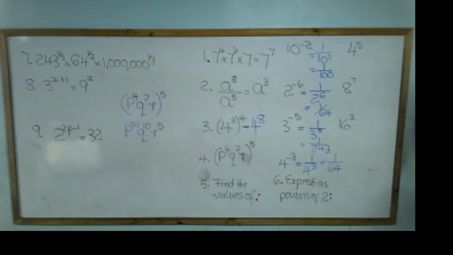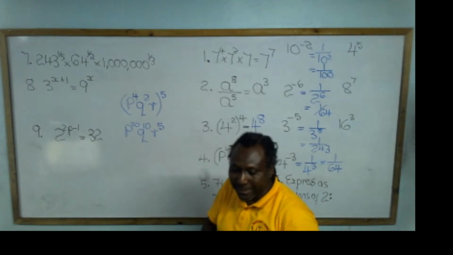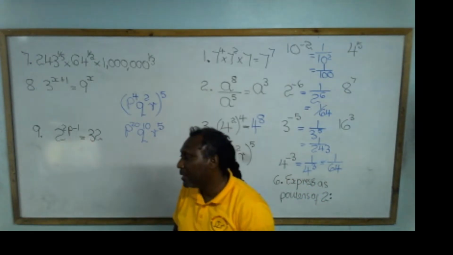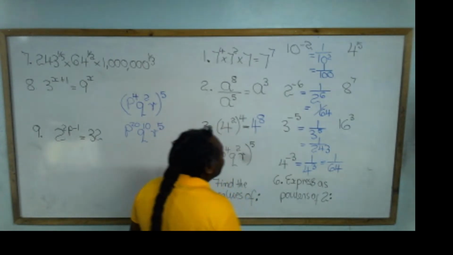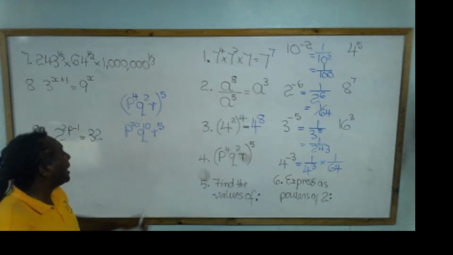So notice what we are doing here. When the index is negative, we do the reciprocal and change the sign of the index to positive. Of course, some of those powers are inside of your instructional manual in the table that you have there.